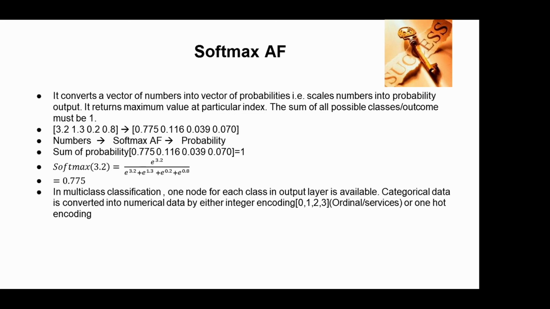But the sum of probabilities should be 1. So if the second class is 3.8 and it transforms into a higher probability, then automatically 0.775 will be reduced, because the sum of probability should be 1. Okay, thank you, sir.